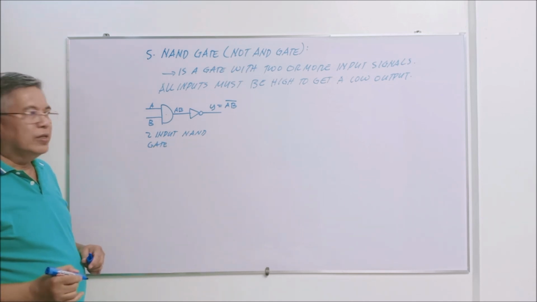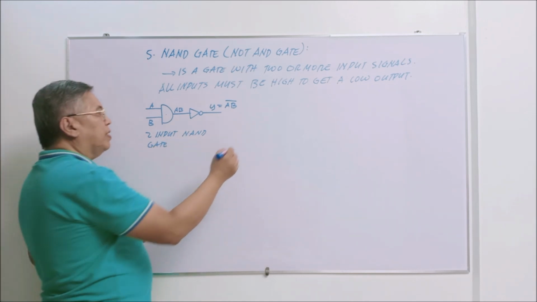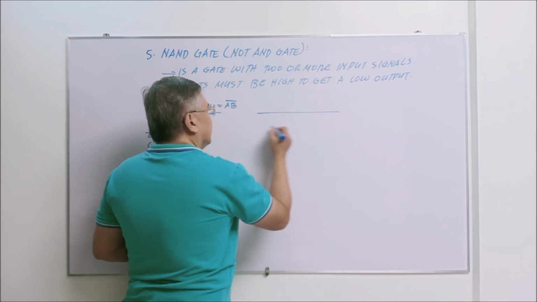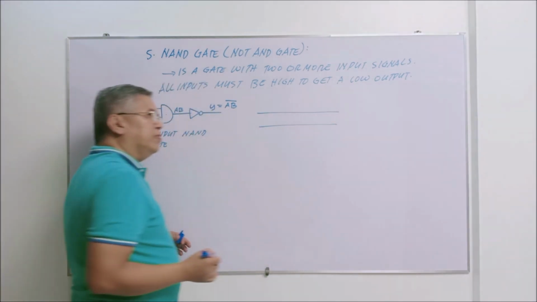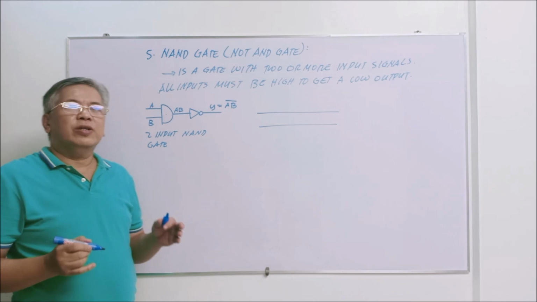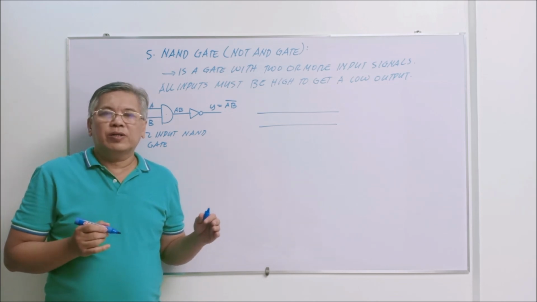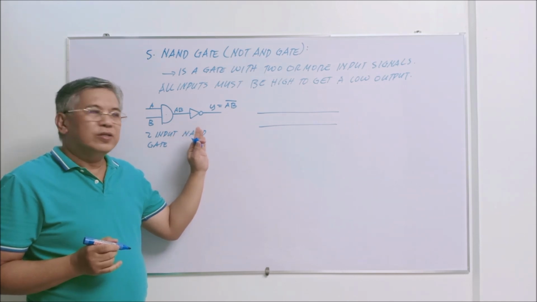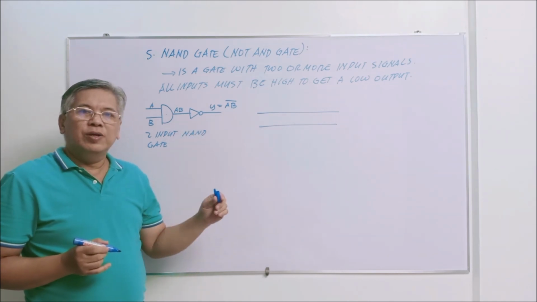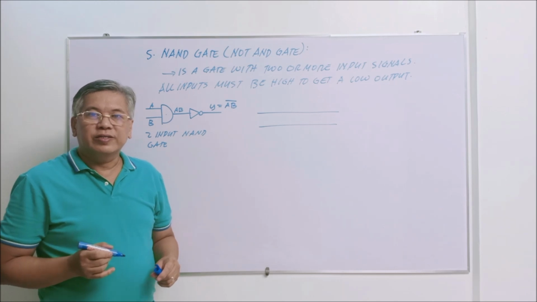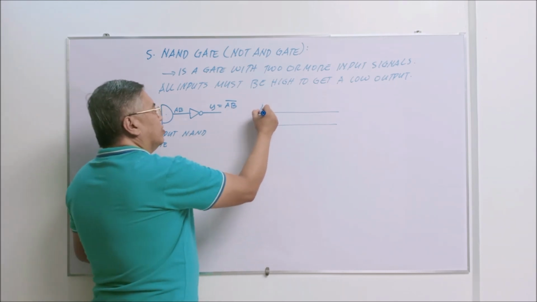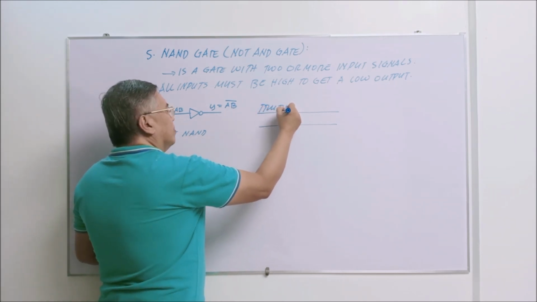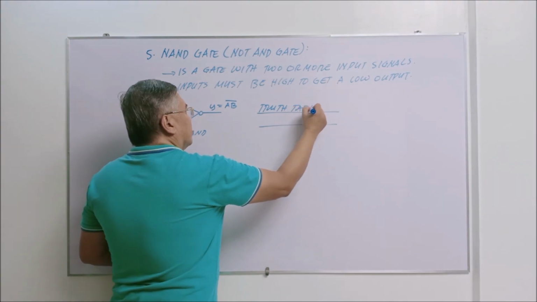Now, how about the truth table of our NAND gate? The truth table, by the way, represents the operation of a particular gate. In this case, the truth table represents how the NAND gate operates.